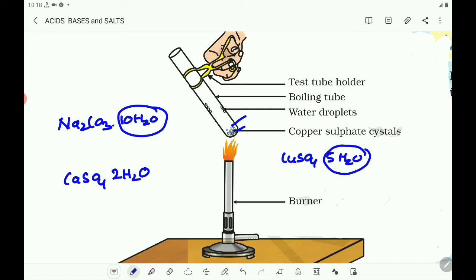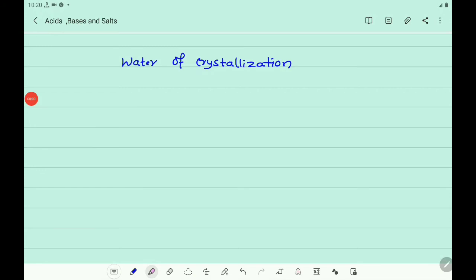One formula unit of calcium sulphate contains 2 molecules of water. 2 water molecules are present in one formula unit of calcium sulphate, and it is the gypsum salt. Calcium sulphate with 2 molecules of water is called which salt? That is gypsum salt. Now you write water of crystallization.